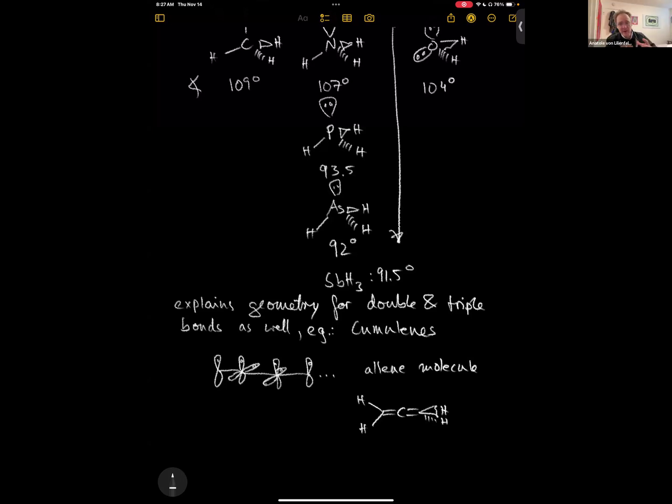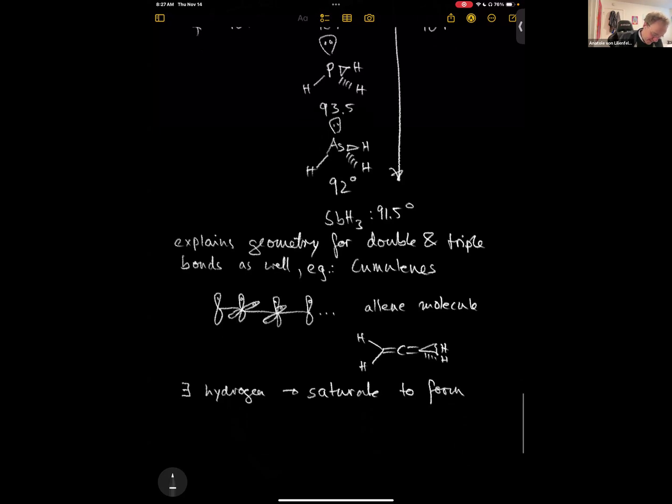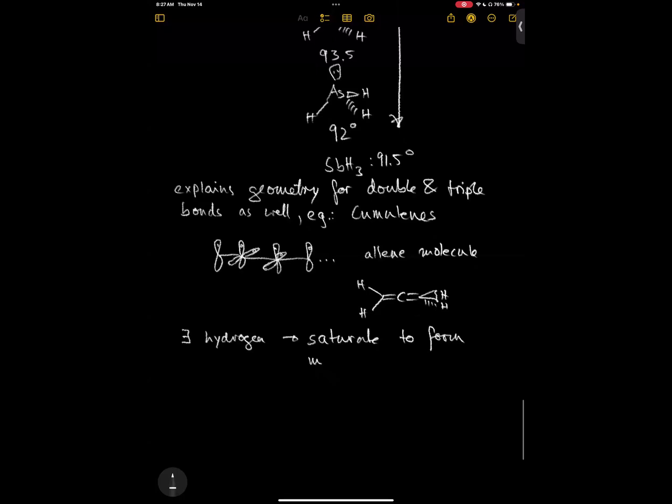And while you do have crystals that can form, like graphene or diamond or the black phosphorus we mentioned before, in many cases, in the presence of hydrogen in particular, you often saturate to form molecules.